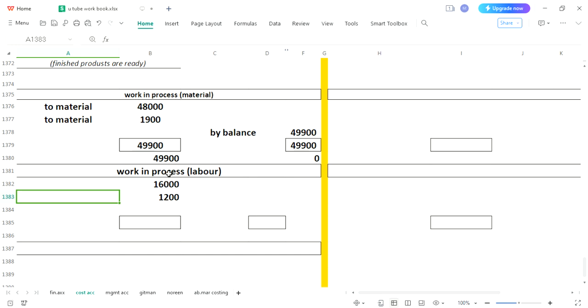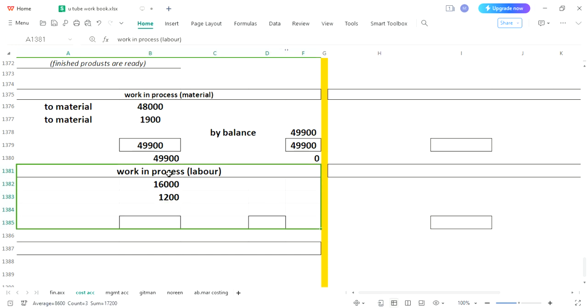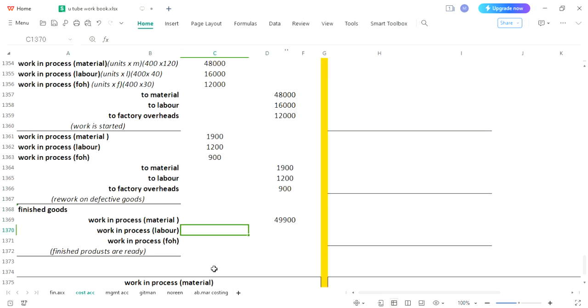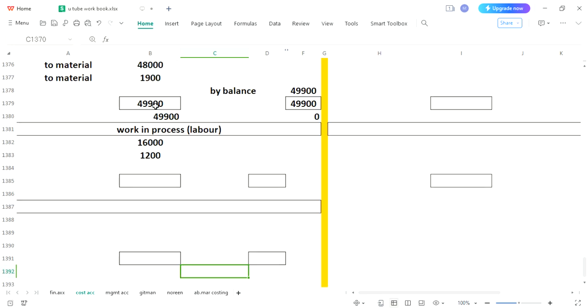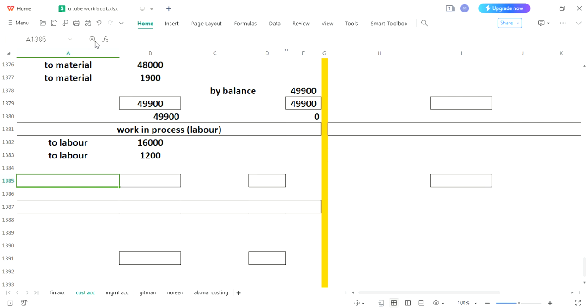Secondly, you will see the reference, and as you know, the reference would be whatever is written on the opposite side. Work in process labor was debited, the opposite side is to labor. In both entries you will use to labor, and to labor would be put over here. Now we will finalize our ledger by calculating the sum of both sides.